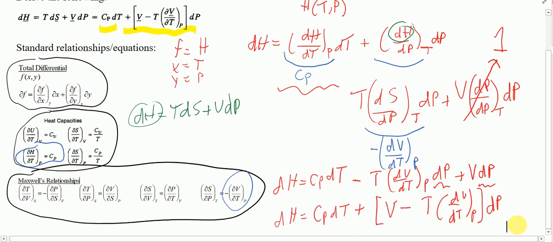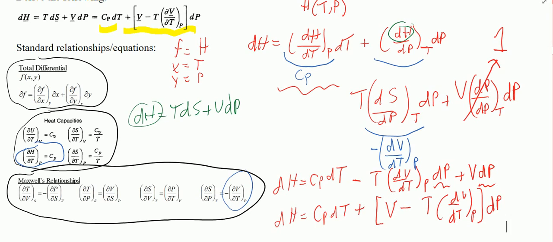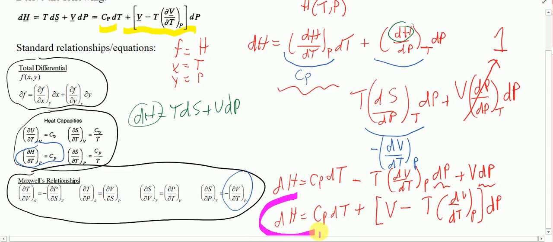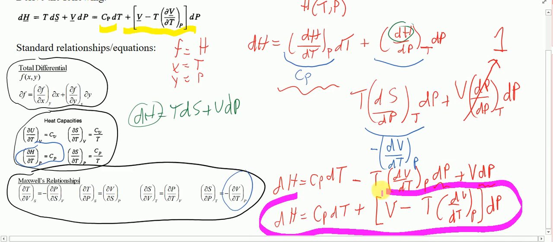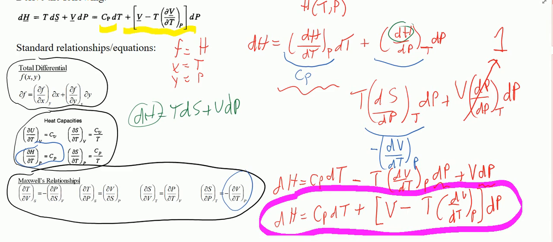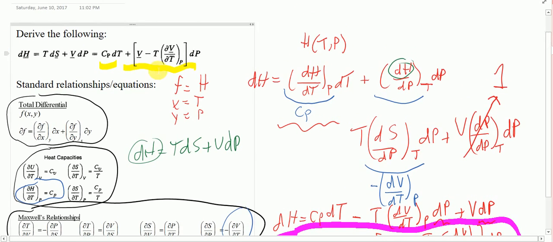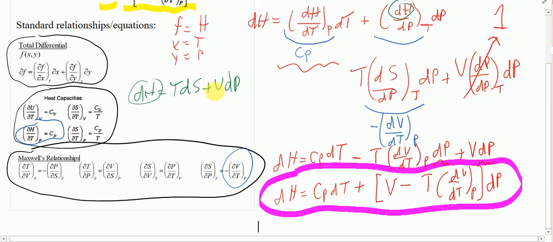That is how you solve for this relationship, and we can utilize our knowledge of total differentials, heat capacities, and Maxwell's relationships to finally solve for this final equation. So there you have it, and goodbye.